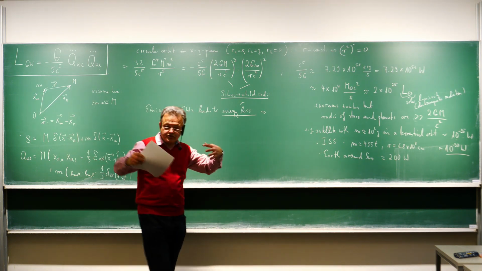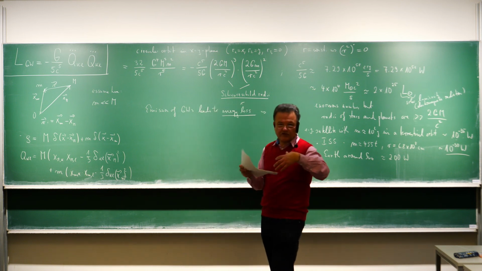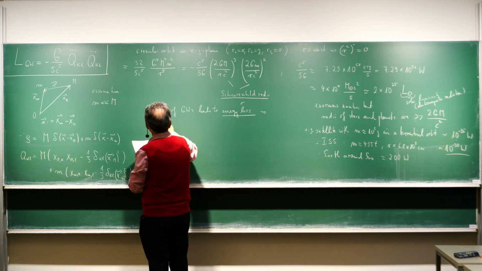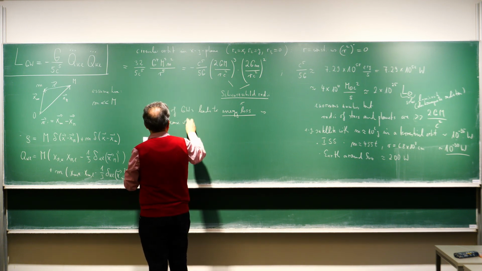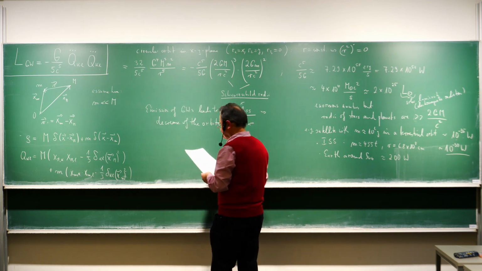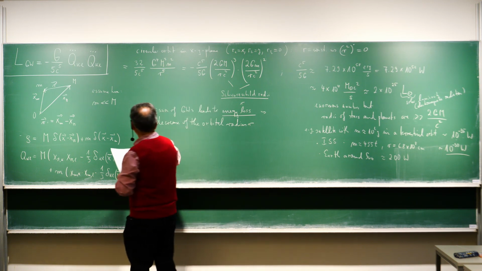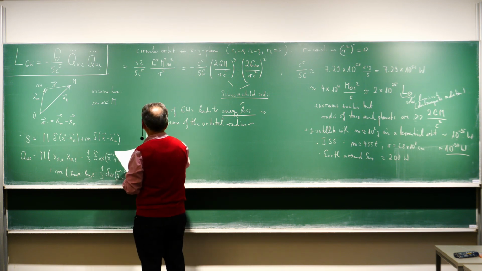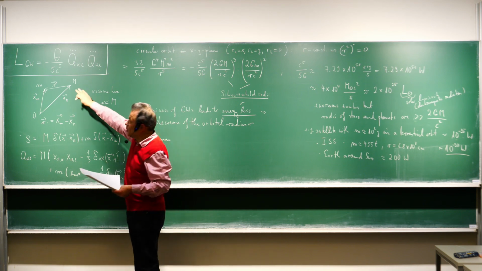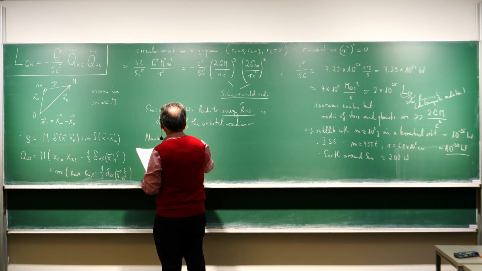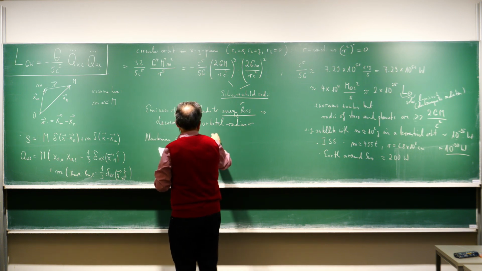So they will approach each other if they lose energy, as you know from the Kepler motion. So this will lead to a decrease of the orbital radius r. In the Newtonian approximation, we assume that they move very slowly compared to the speed of light. So Newtonian approximation for the motion of the bodies.